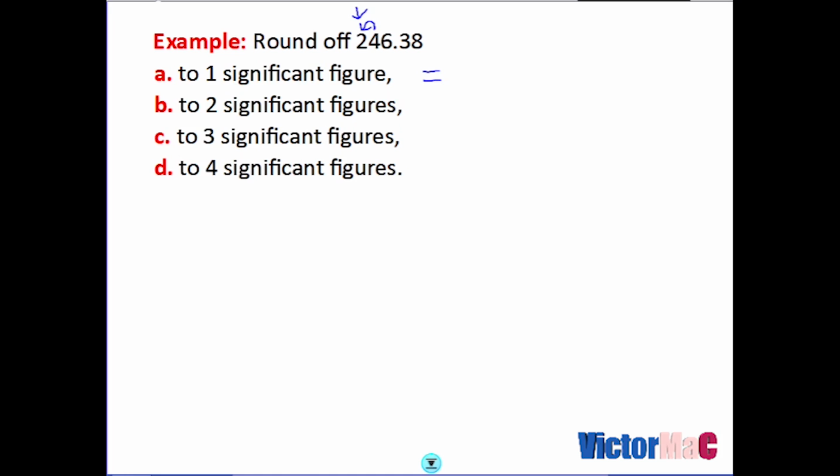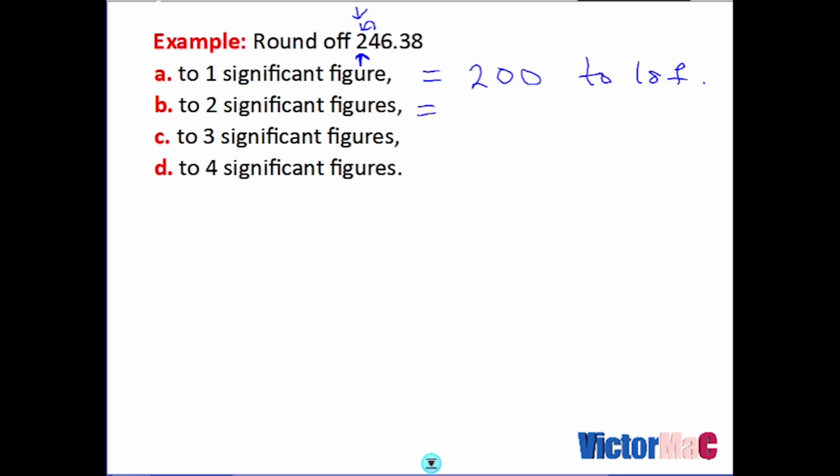No, so we're going to have 200. I've added 0 to 2 by that. All right, we only consider the immediate digit to that 100, I mean to our first significant figure, which is having the highest place value. All right, so this is to 1 significant figure. We can try to write it as 200.00, but let's leave it this way.